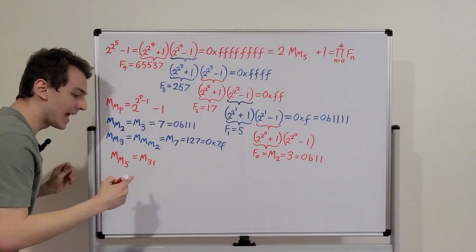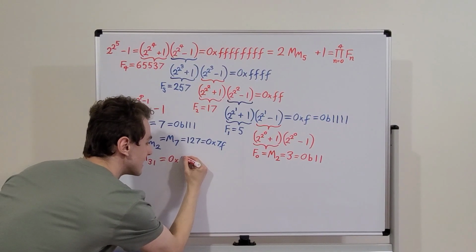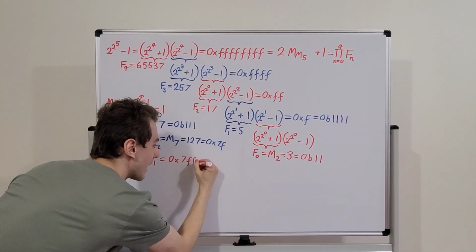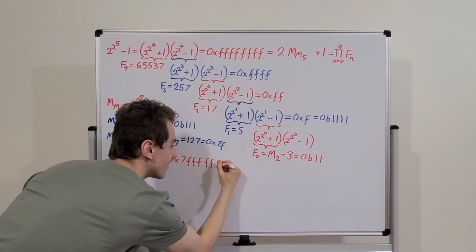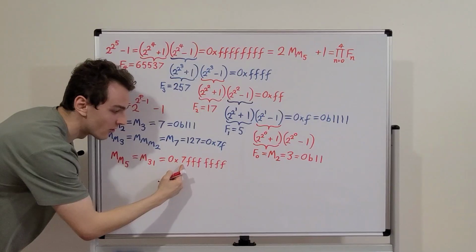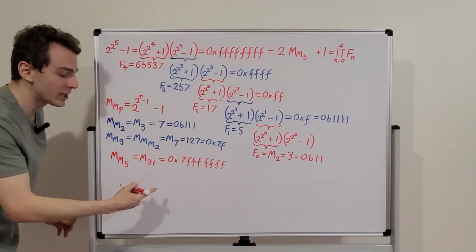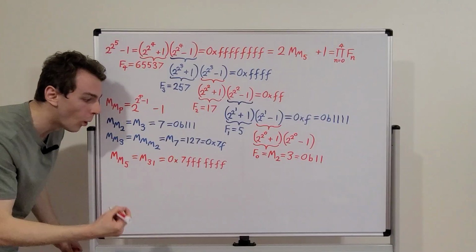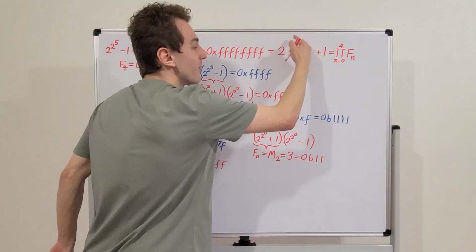And in hexadecimal, we can represent this as 7f, ff, ff, ff. So we have a single 7 followed by 7 f's. And in binary, this would be 31 ones. So that is the value that we have over here.